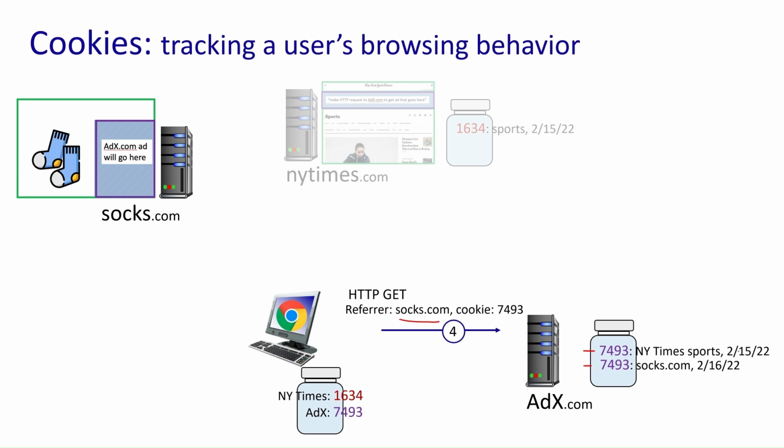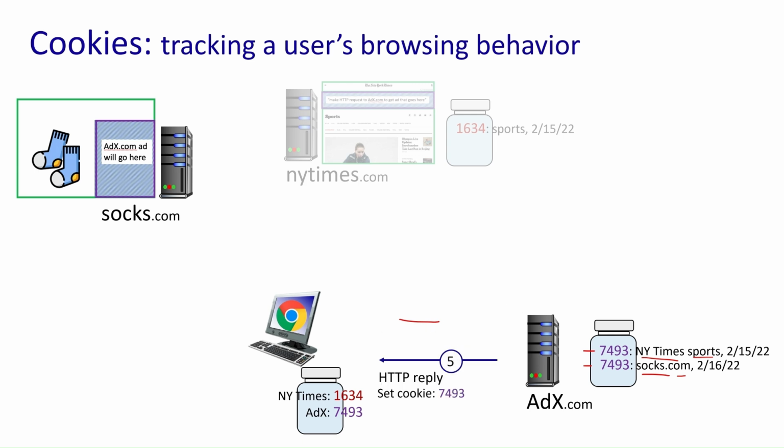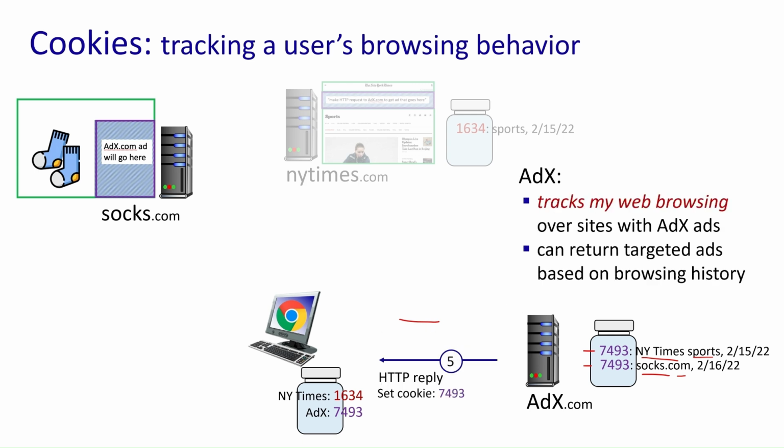On this date I visited the New York Times sports page, and the next day I'm visiting socks.com. And this may keep going if I have to get ads from adx.com. Now I will receive a reply, and then I'll display the web page. So adx.com, which is the third party, is tracking my interaction across different web servers.